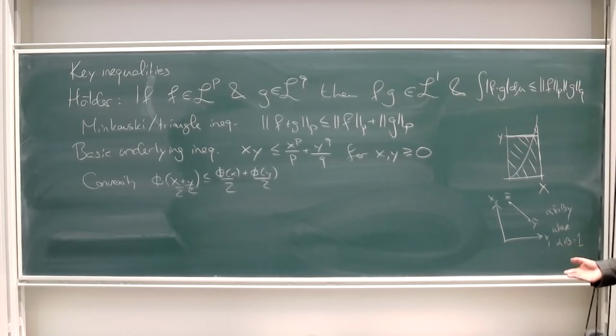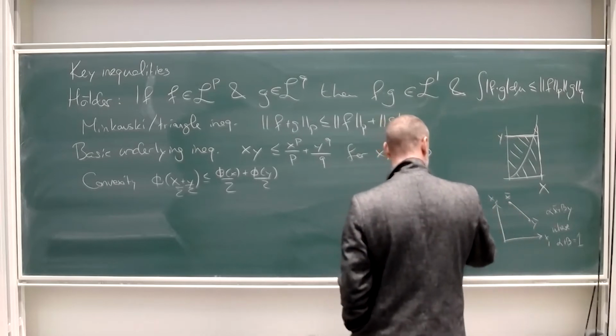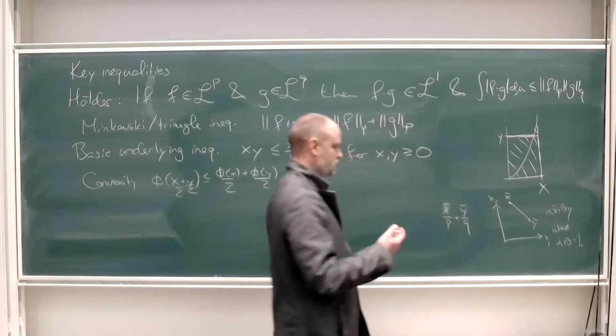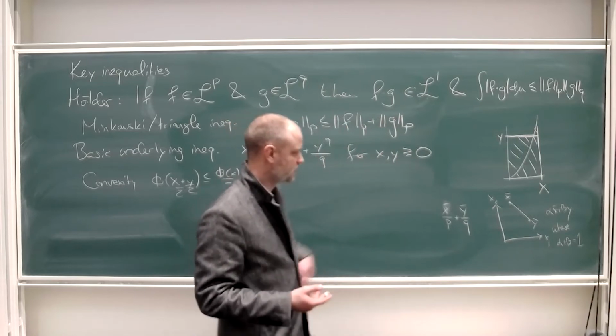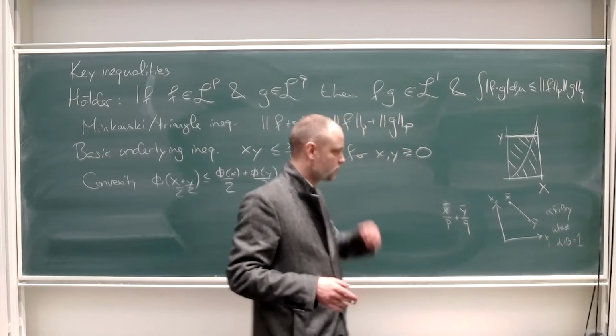So that's taking an average. It's a nice exercise to figure out that all these combinations give a parameterization of this line. I can also get to all these points by thinking of x divided by p plus y divided by q, if I allow p and q to be floating points.